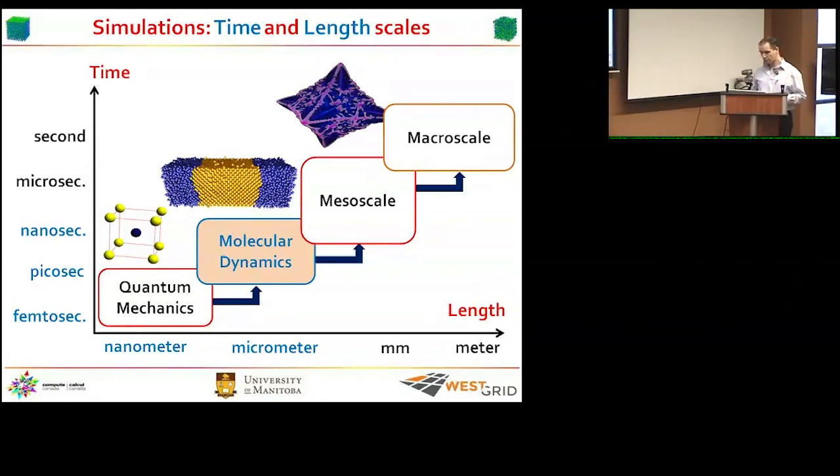Then from this we can increase the length scale and go to micrometer, where we use molecular dynamic simulations. The advantage of using molecular dynamic simulations is we can use more atoms, basically from a few hundreds to a few millions.